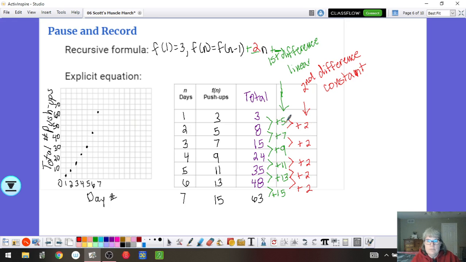So if I want to check how I get this 5, I'm going to try 2 times 2, and what do I have to do to that to equal the 5 in my first difference? So 2 times 2 is 4, and then I have to add 1. Let's try it for day 3. 2 times 3 is 6, but what we added to get day 3 was 7. That's also a 1. I'm going to try this one more time. 2 times 4 is 8.